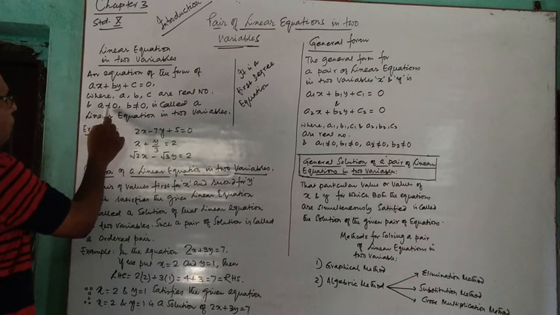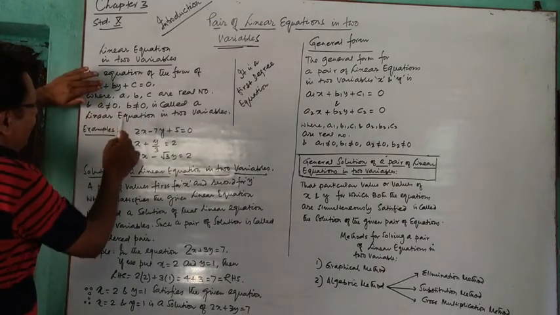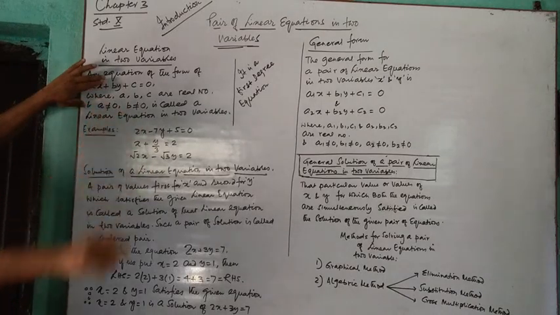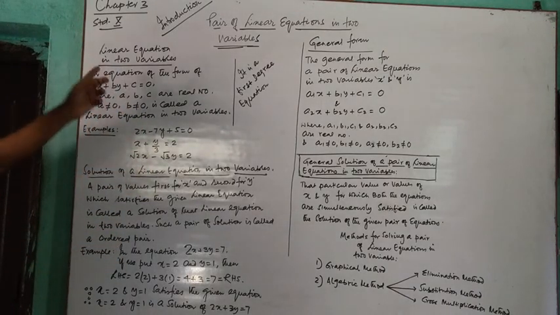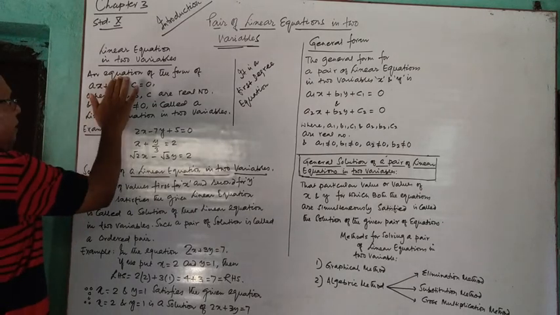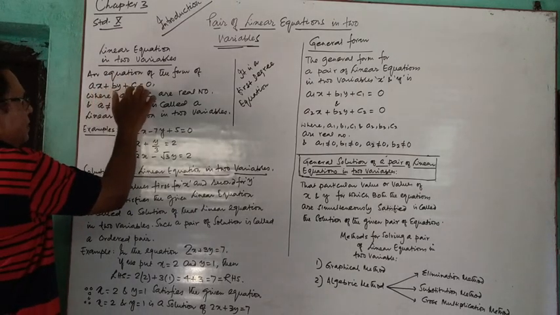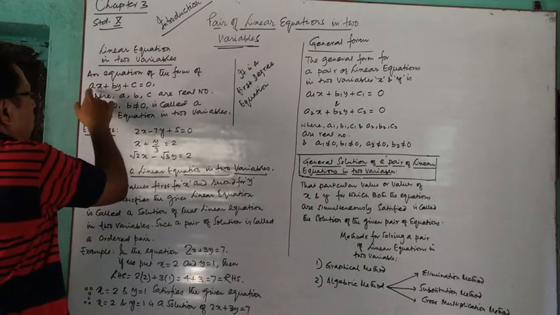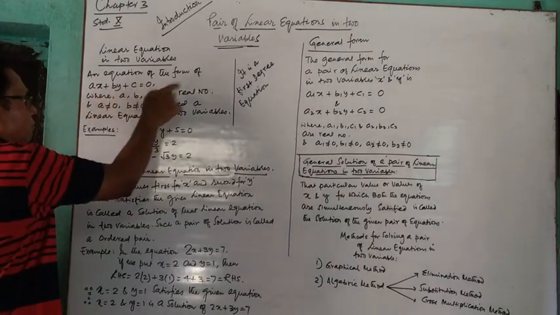But if the value of a becomes 0, what will happen? The equation will be reduced to linear equation in one variable y. And if the value of b is 0, then again the equation ax + by + c = 0 will reduce to ax + c = 0.